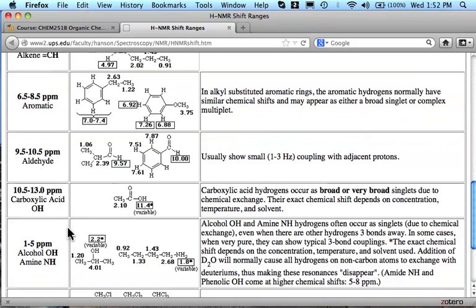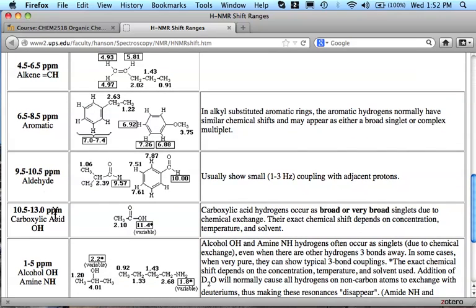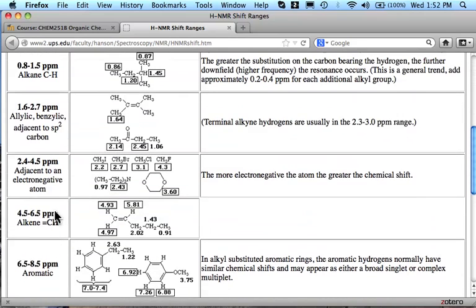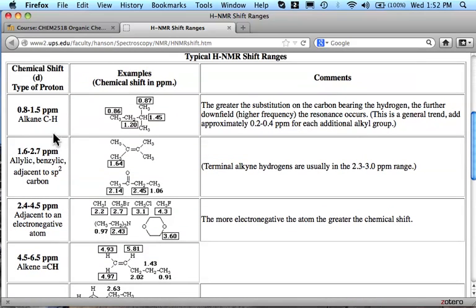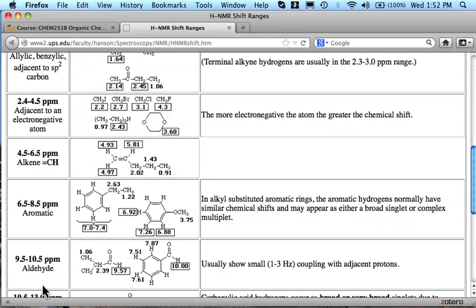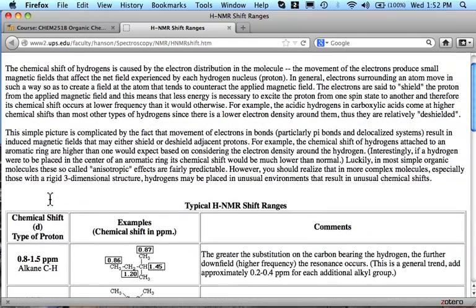And finally, even higher, we can sometimes see a carboxylic acid proton up around 11 to 13, and it's somewhat variable, but up there, and usually very broad signals, just like we saw broad signals in the IR of hydrogen bonded molecules. So what you'll want to do is probably make flashcards with these different ranges on them so you get used to looking at them and knowing what sorts of things come in those areas.